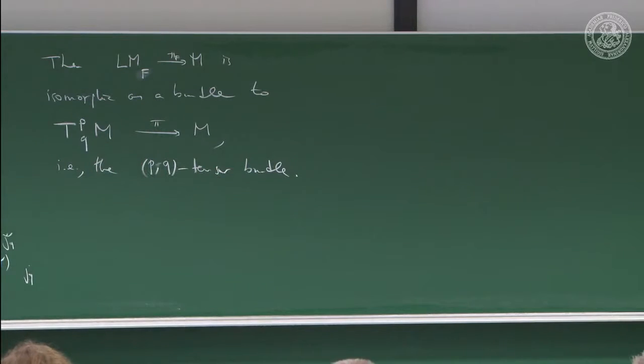Okay, so that's not a big surprise. This is just the extension of the previous example where we constructed the tangent bundle as an associated bundle to the frame bundle. Now we extend this to tensors. This is not very spectacular.